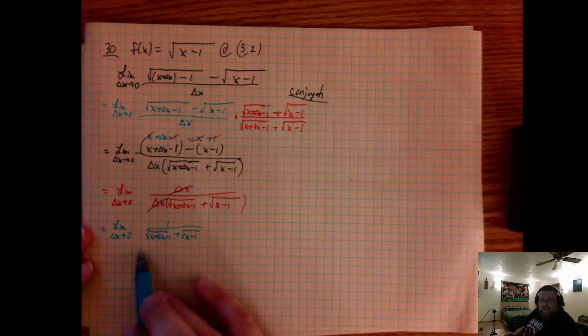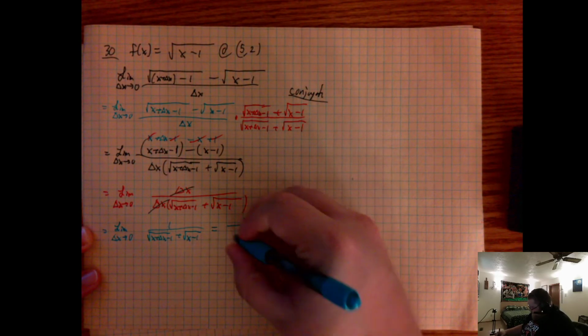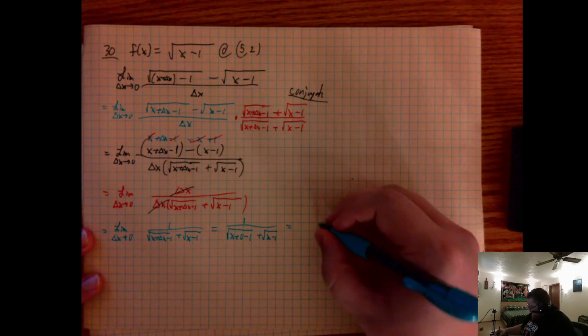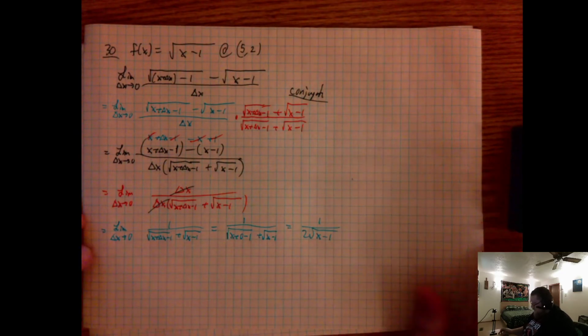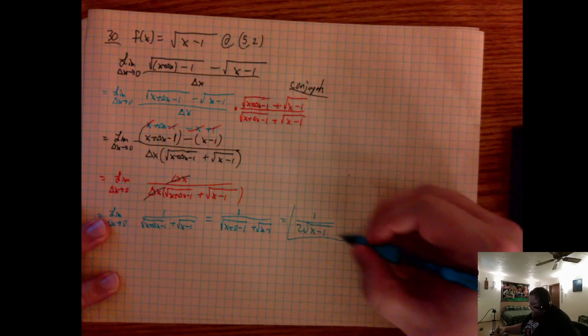And at this point, we can actually evaluate this limit. We plug in 0. This would become 1 over the square root of x plus 0 minus 1 plus the square root of x minus 1, which after some algebra becomes 1 over 2 square root of x minus 1. So this is my slope generating function.